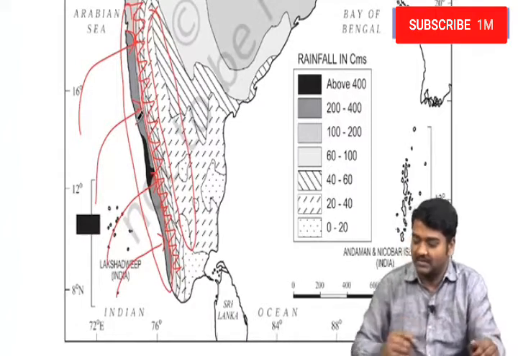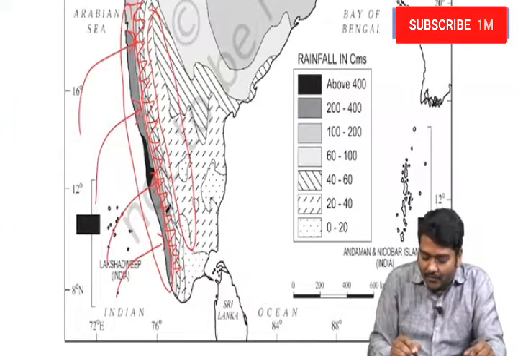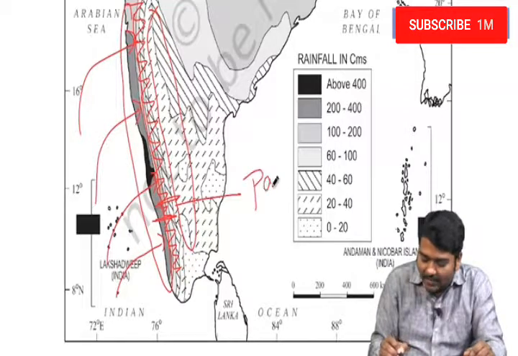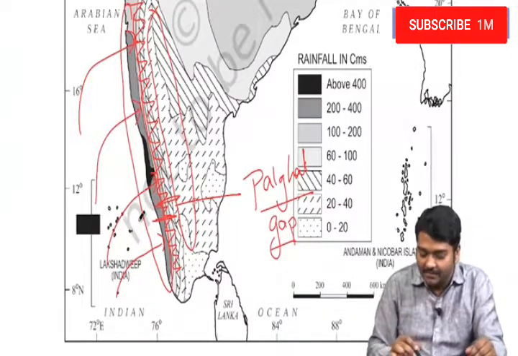That is, on the western side more rainfall occurs, and on the eastern side very little rainfall occurs. In between Kerala and Tamil Nadu, there is a gap called the Palghat Gap. You can see it in your atlas. Because of this gap, some rainfall enters into Tamil Nadu.